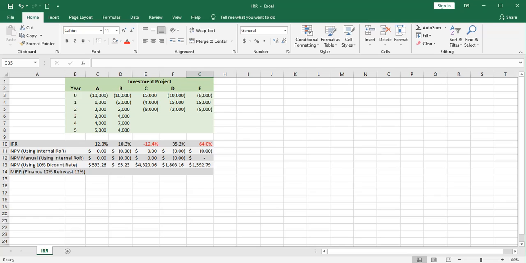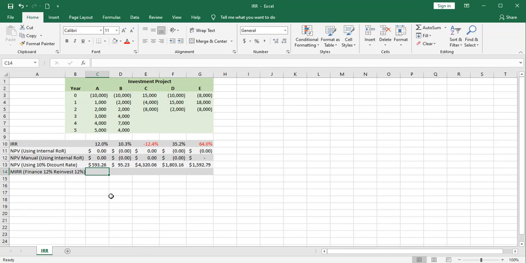The last thing I want to talk about in this video is called modified internal rate of return. This is a finance concept as well as an Excel function, and it's really a lot more like net present value than internal rate of return. It does return a percentage, however, like internal rate of return.